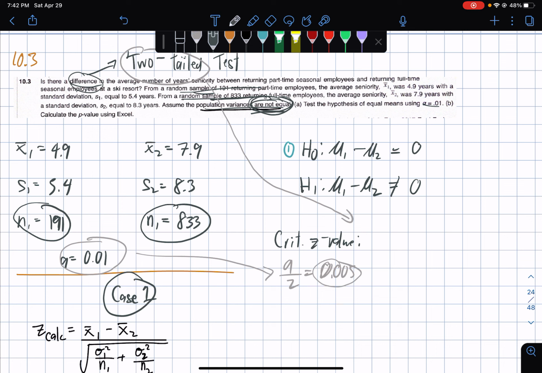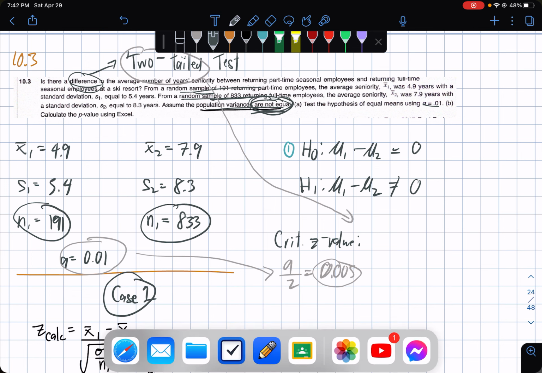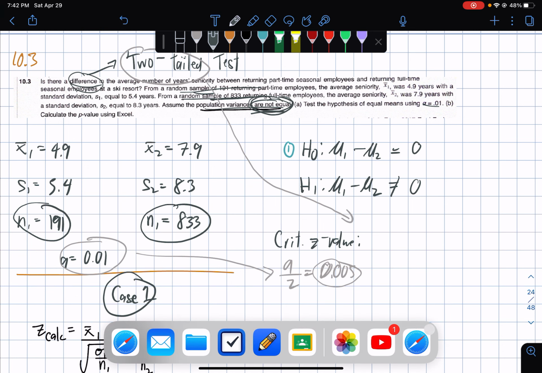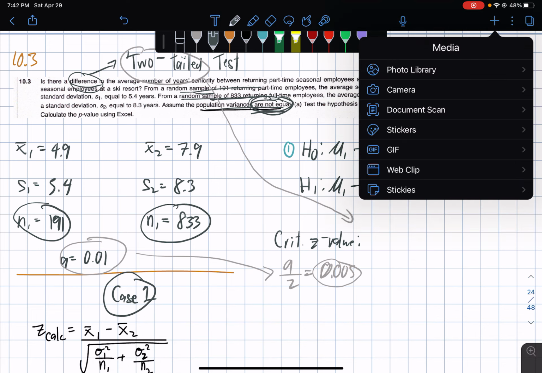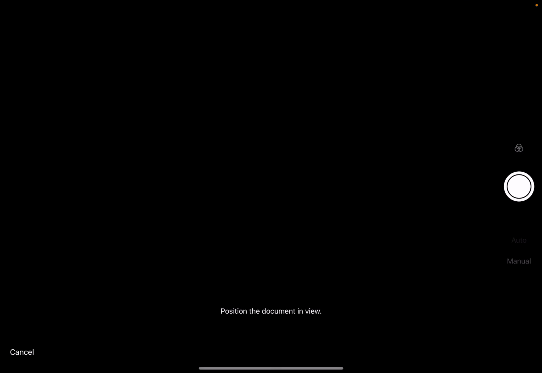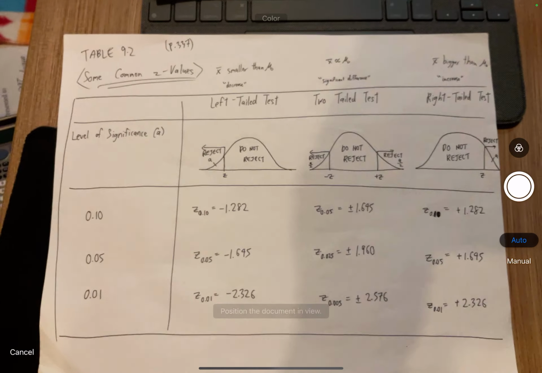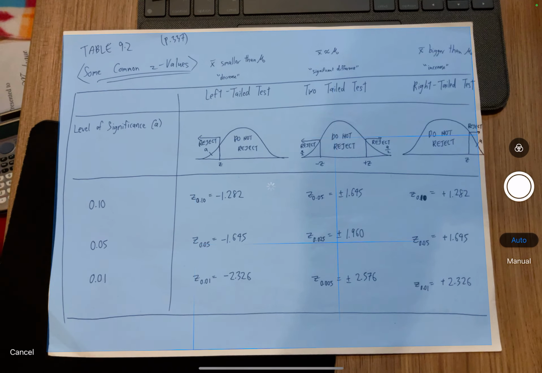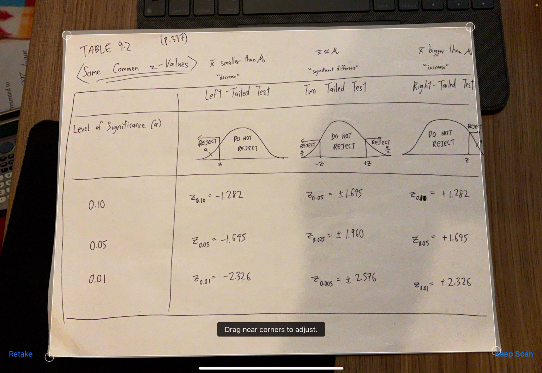Two-tailed test, what does it indicate? I have another sheet that we should base our solutions upon. Let me picture something again. Okay.